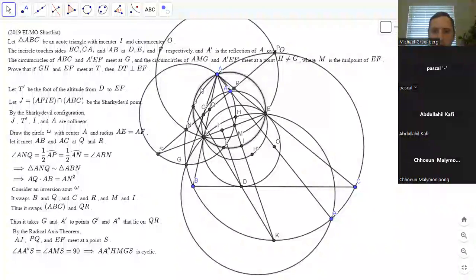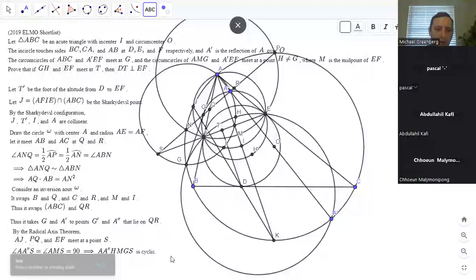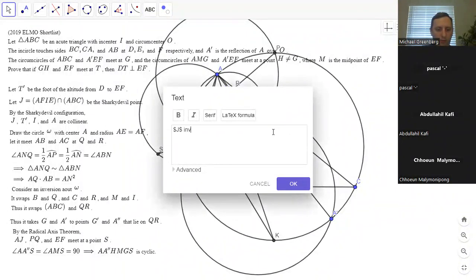This circle inverts to line EF, and this circle inverts to line PQ, so J inverts to S, since AF inverts to EF and ABC inverts to PQ. Okay.